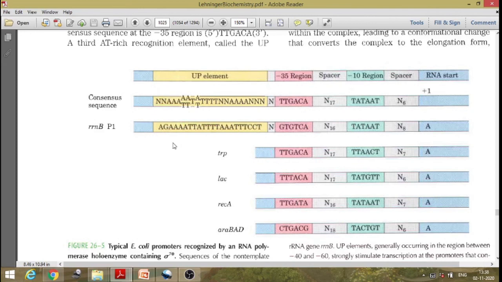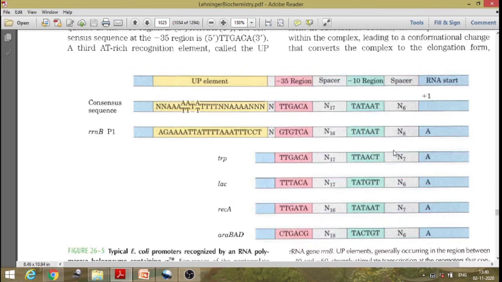This UP element is bound by the alpha subunit of RNA polymerase. I am repeating that this UP element is bound by the alpha subunit of RNA polymerase.